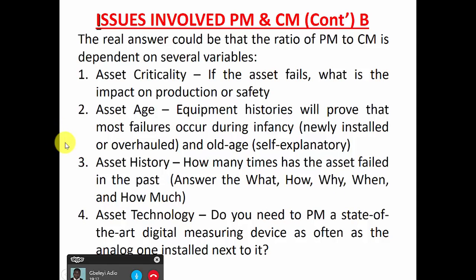Like I said, you should maintain a ratio of 6 to 1. The assumption is that if the ratio is greater than 6 to 1, you are performing the preventive maintenance too often. And if the ratio is less than 6 to 1, you are not performing it often enough.